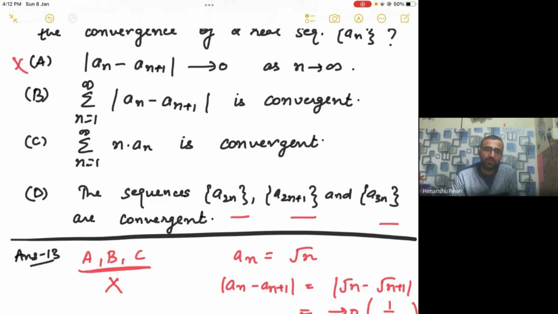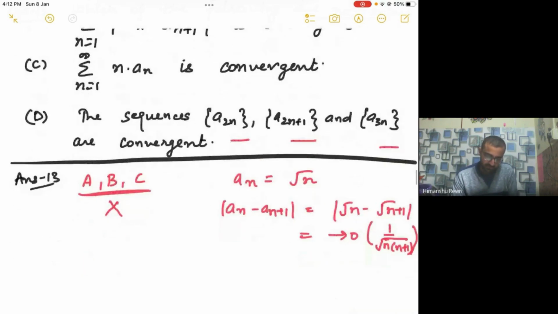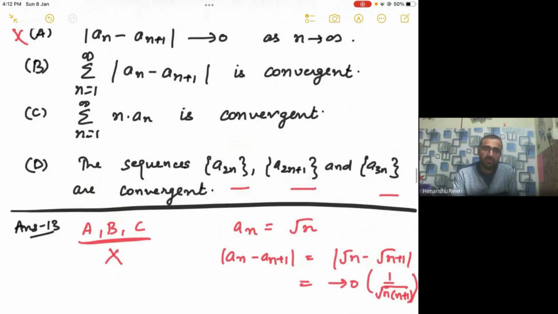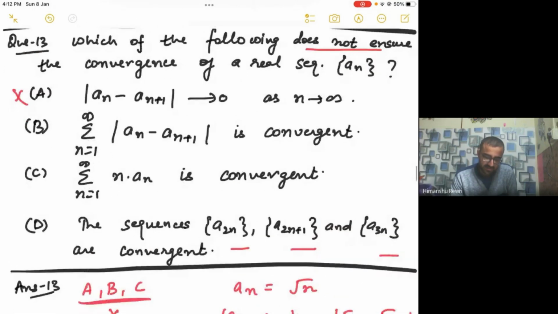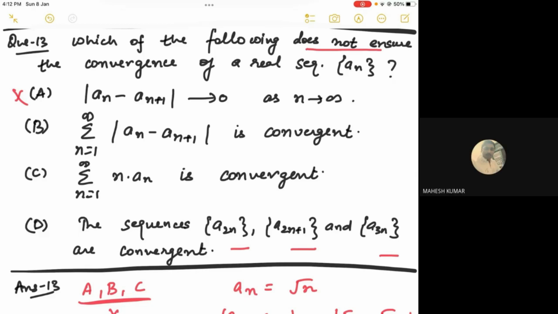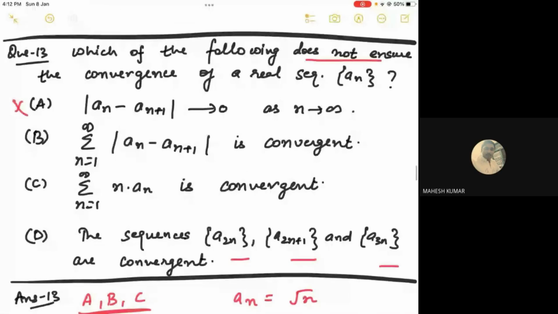What about options B, C, and D? So there is a small doubt. The question is asking which does not ensure convergence. So then option A is true.